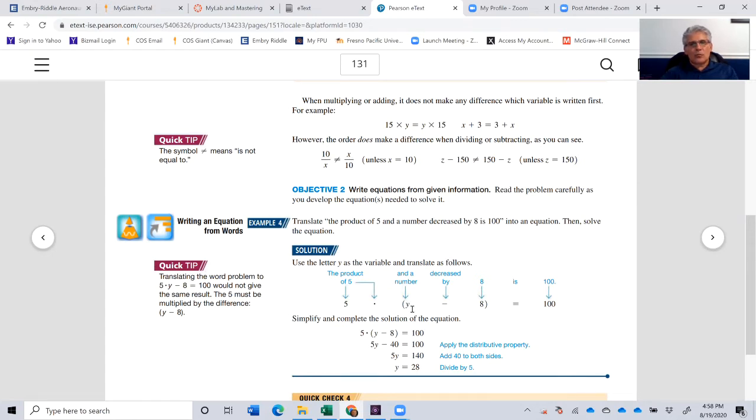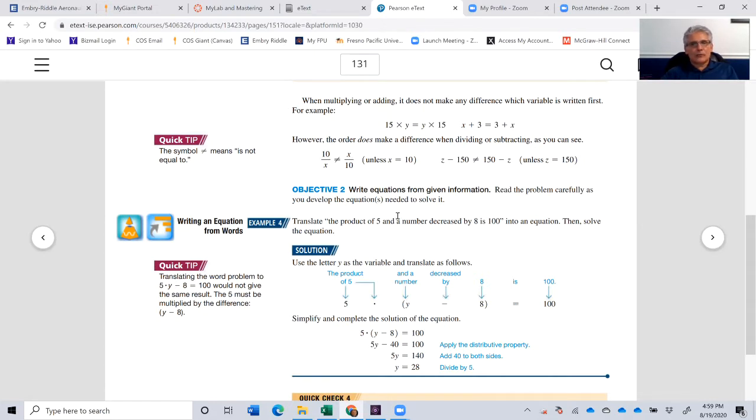So a number is y, we open up the parentheses, y minus 8. We have our parentheses on the outside of these, and then that is going to be multiplied by 5. The 5 is on the outside of the parentheses, and then it is equal to 100.